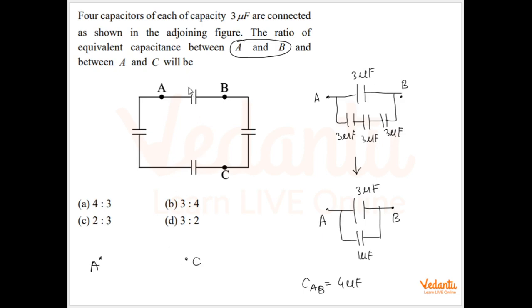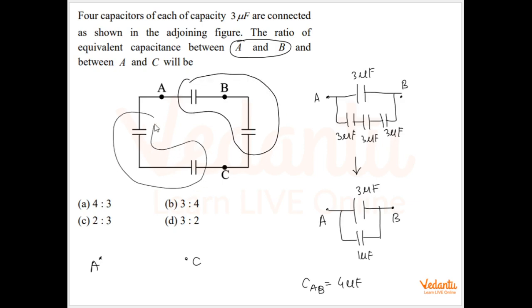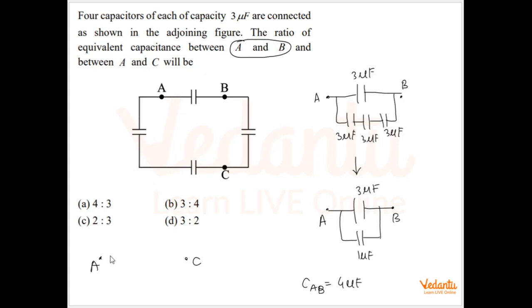Now, if you see between A and C, these two are in series and these two are also in series. So when you redraw the circuit, there will be two capacitors like this, and there will be two capacitors like this. 3, 3, 3 and 3.